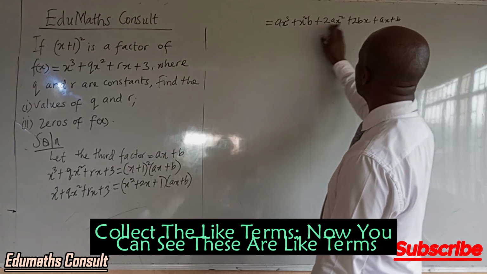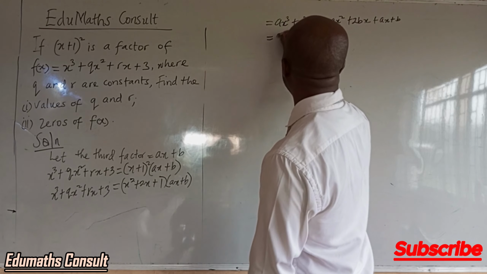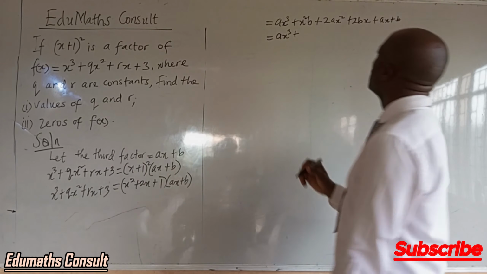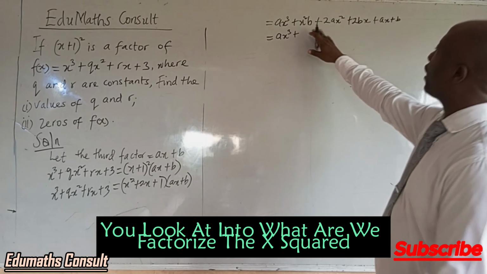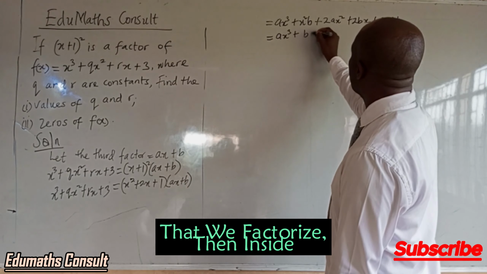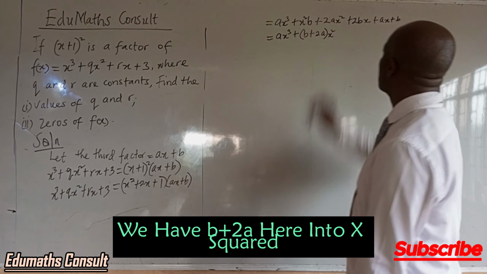Collect the like terms. You can see these are like terms. So if we collect the like terms, I have ax³ plus, what can we factorize? The x² can be factorized, then inside it I will have (b + 2a)x².